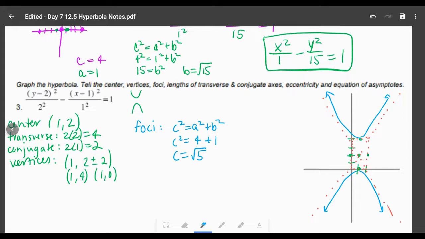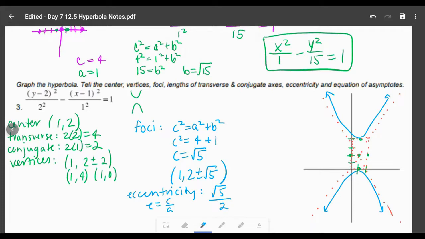So from my center, I would go up and down root 5. So from 1, 2, I would go up and down root 5 for my focal points. My eccentricity is c over a, and we already found our c, which is root 5 over a, which is 2. And that does not simplify or rationalize, so that would be my final answer for the eccentricity.